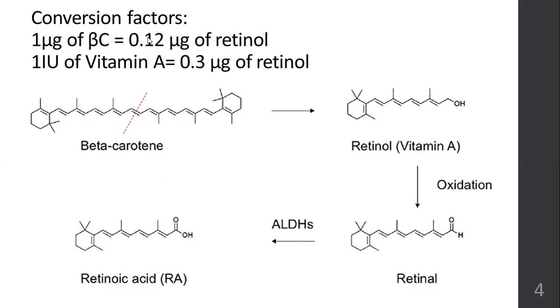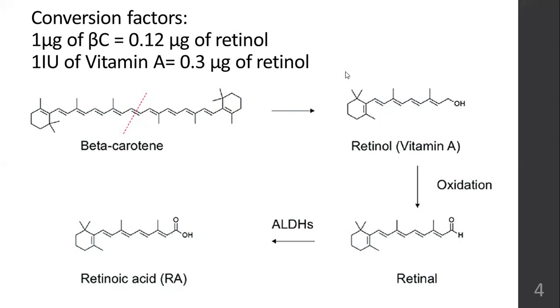But 1 microgram of beta carotene can be converted into only 0.12 microgram of retinol, which means if your vitamin A is coming from plant-based sources, it has to be in large quantities. With animal sources, a few grams of meat or liver gives you enough vitamin A, but a few grams of plant-based beta carotene will not be sufficient to meet the requirement.